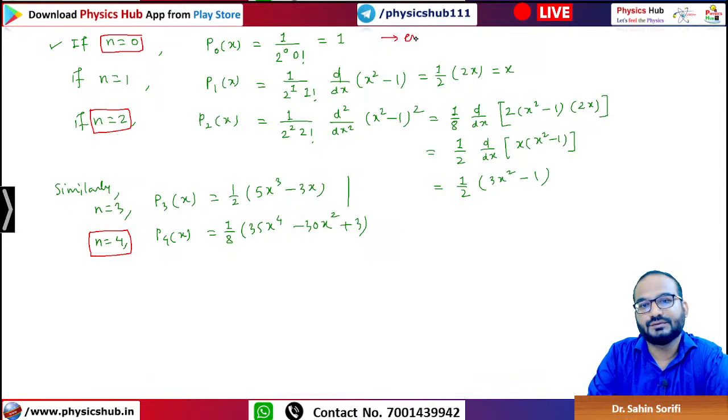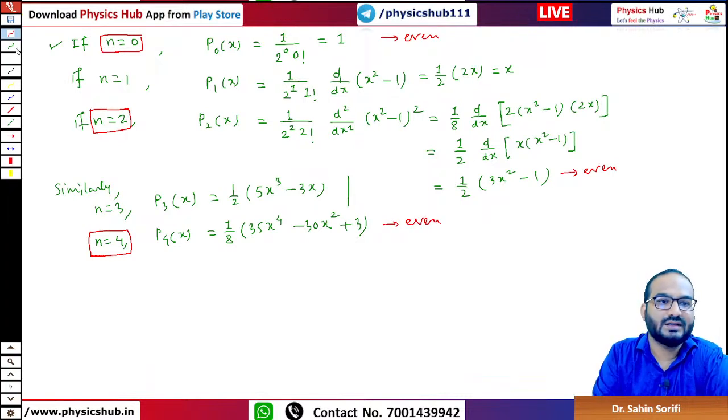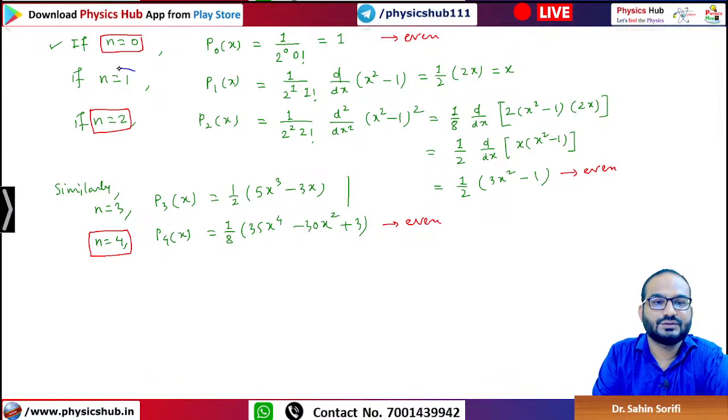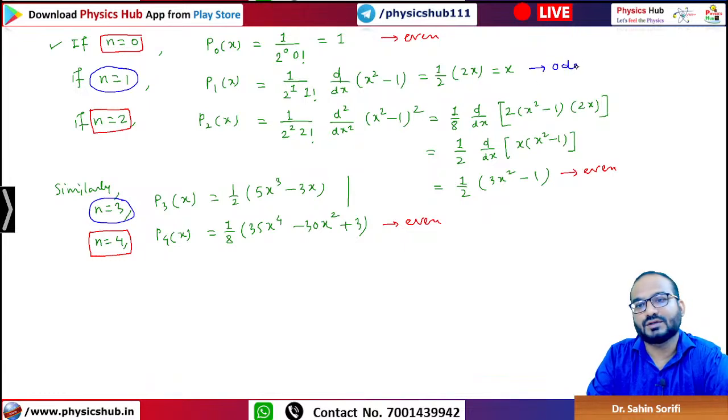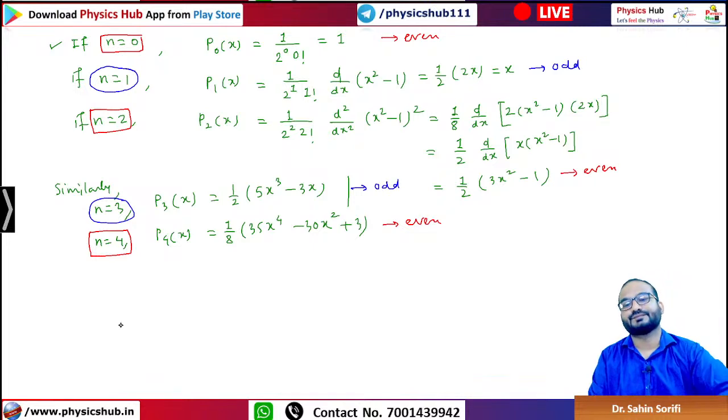This is also even, this is also even. On the other hand, when you choose n equals to 1, or 3, or 5, that function is an odd function. This is also odd, isn't it?